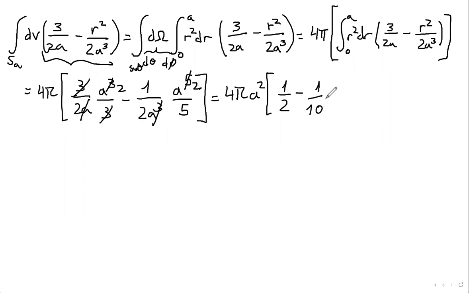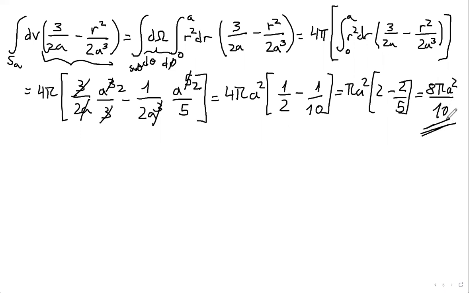Yes. So the first term I can write as pi a squared: 4 divided by 2 is 2, and 4 divided by 10 is 2/5. Now I put the 5. This is 10, 10 minus 2 is 8. So it becomes 8 pi a squared divided by 10.